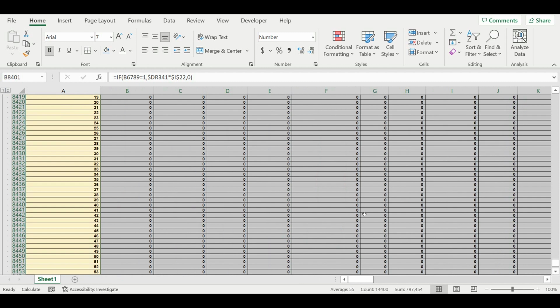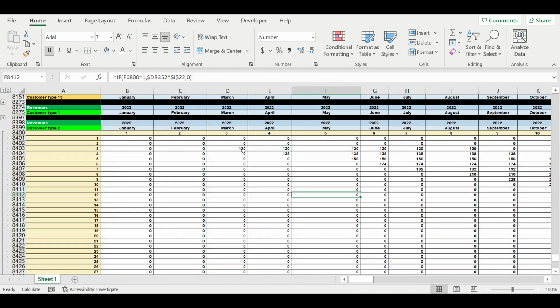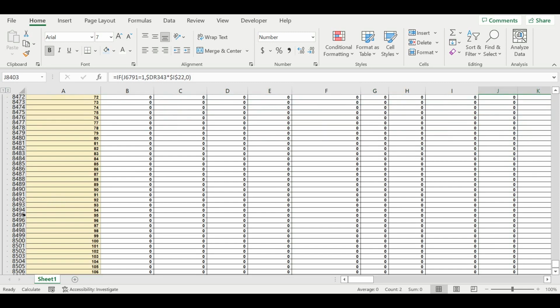So here we see the payments. The customers pay us $20 during this period of time monthly, and then they go away. Then we move to customer number 3.